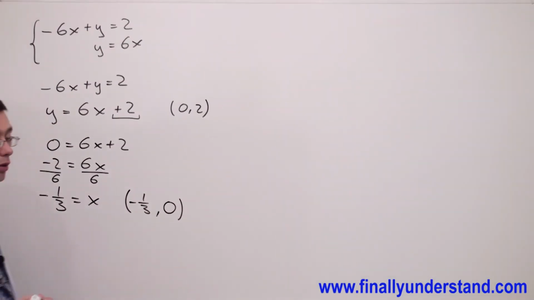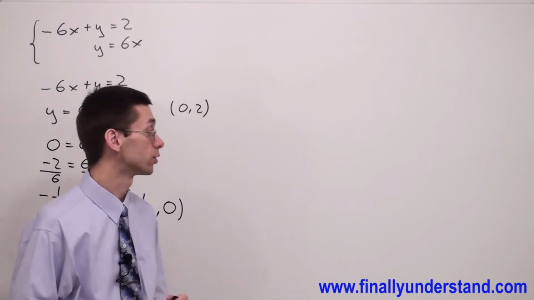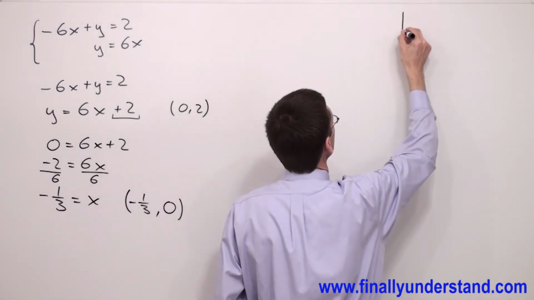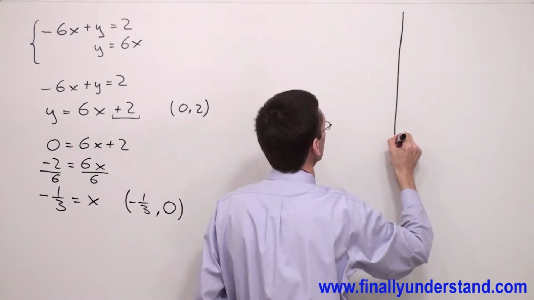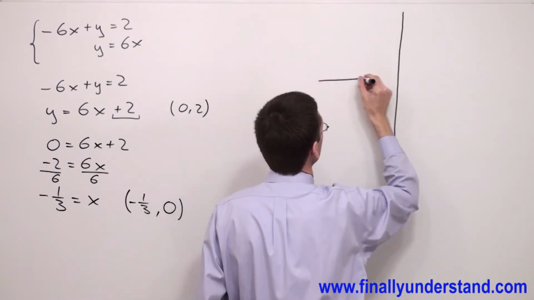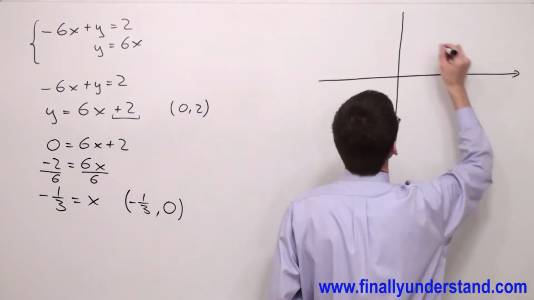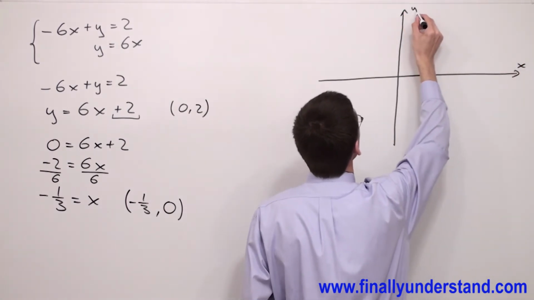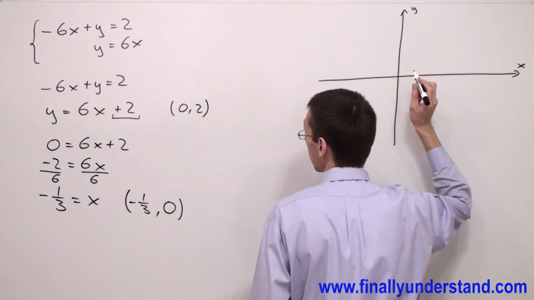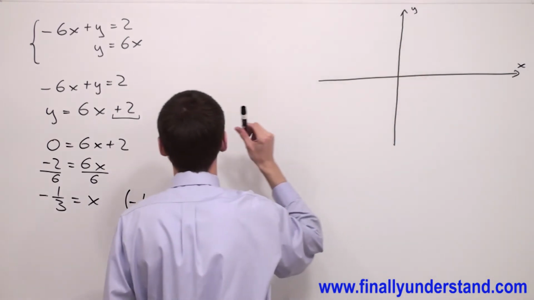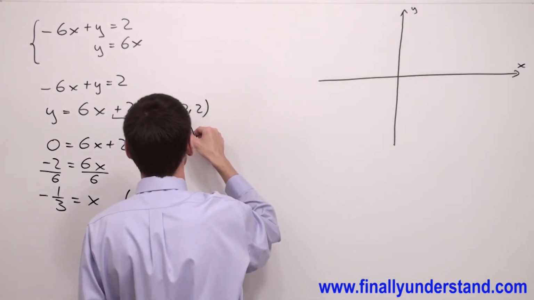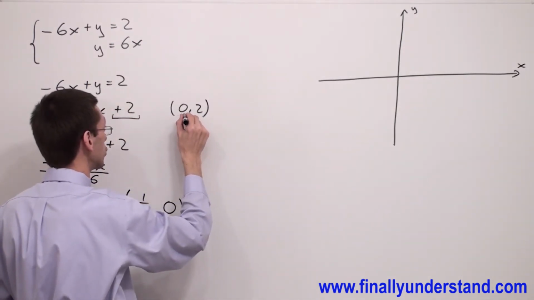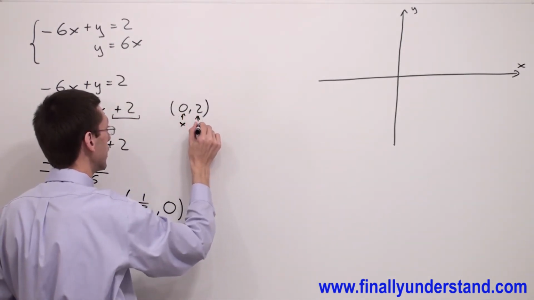Now I can draw the line, okay? So we are going to draw first the rectangular coordinate system, okay, where this is my x-axis and this is my y-axis, and I have points. I have 0, 2. So this is my x-coordinate and this is my y-coordinate.